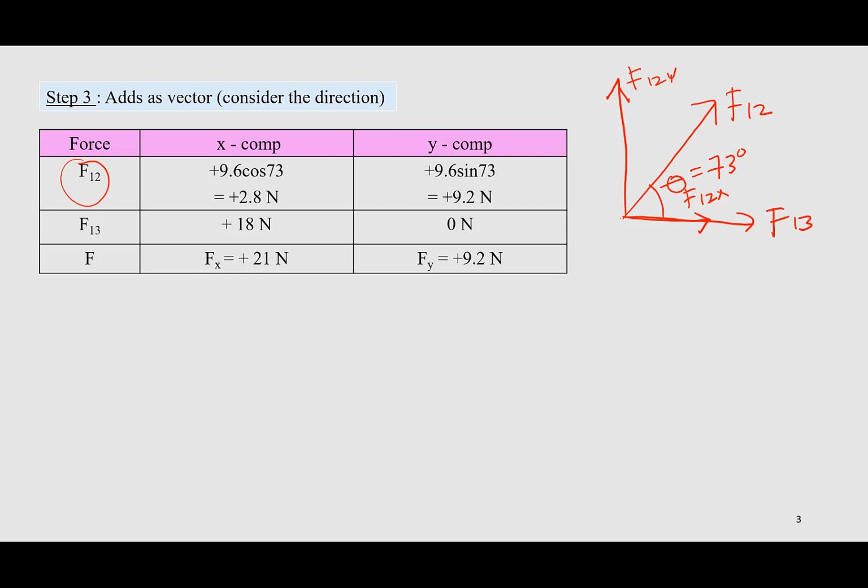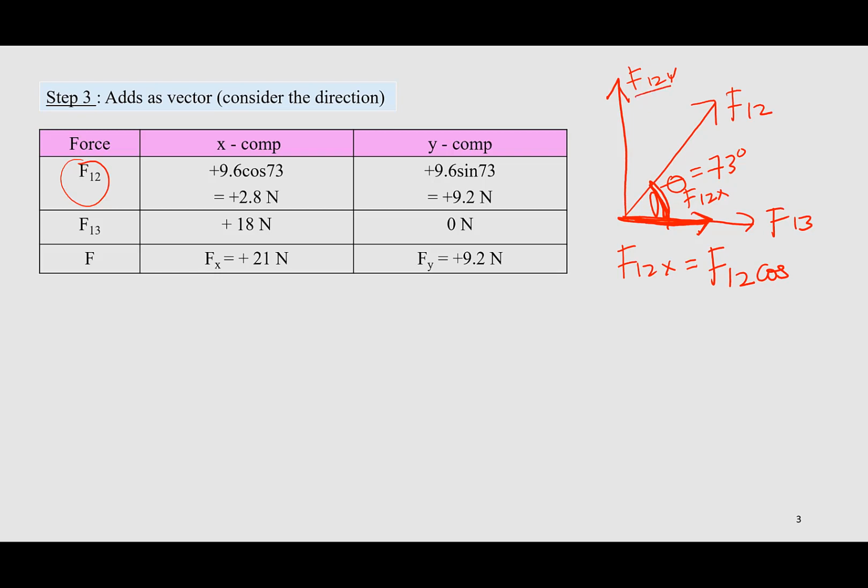So we substitute into the box. F12 in X component, F12 X equals F12 cos theta, because the line is near to the angle, so we note it as cos.